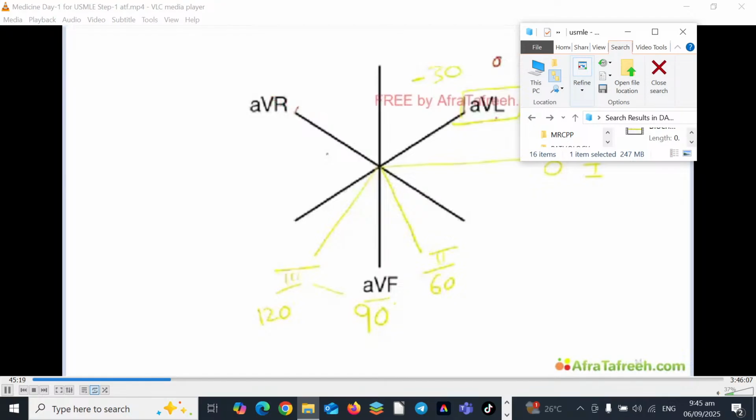Now when you see the extension, what we call the opposite of AVL. Opposite of AVL would be 30 degrees to lead 3 and it would become 150 degrees. It is not important. It is just for your understanding. And then you have the AVR. AVR would be 60 degrees away from AVL. So this would become minus. So it would become minus 30 minus 60, which would become minus 90.